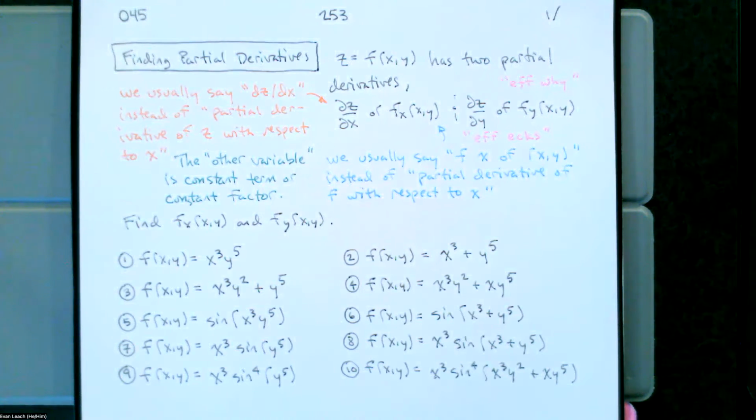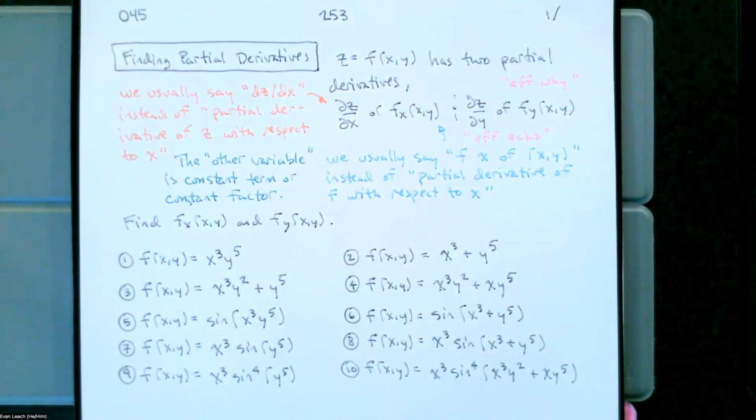So, yesterday we introduced the concept of the partial derivative, dz dx, or fx, and dz dy, or fy, modifications of our earlier notations. The phrase I'm going to use is, I want to refer to the other variable. So if we're taking the partial of z with respect to x, then y is the other variable.